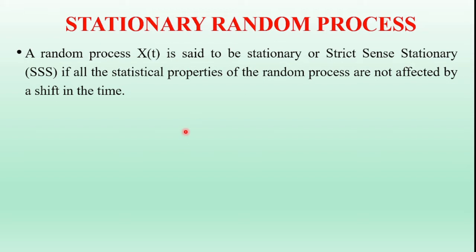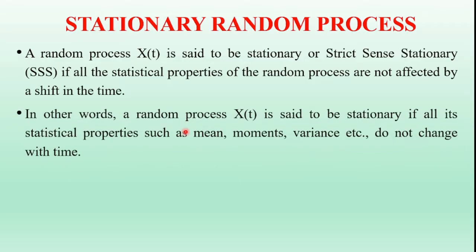In other words, a random process x of t is said to be stationary if all its statistical properties such as mean, moment, variance, etc. don't change with time. And this is the definition of the stationary random process.